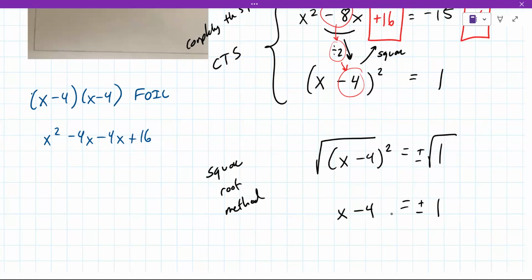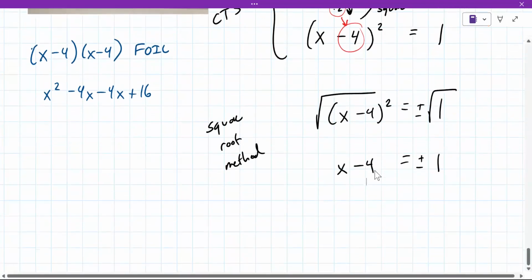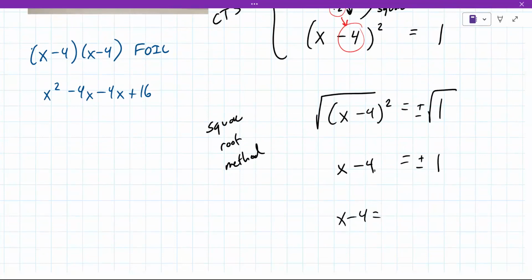All right, so x minus 4 equals, let's say, +1 for the first one and then -1 for the second one. You got it? Add 4 to both sides. Good.